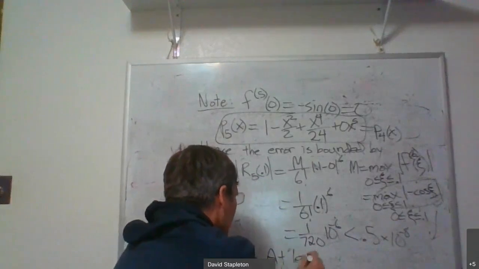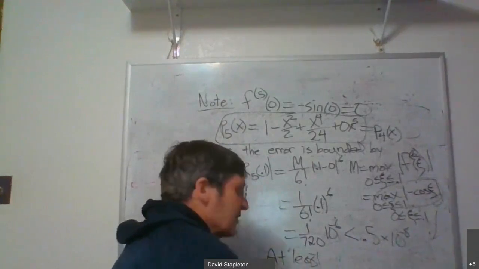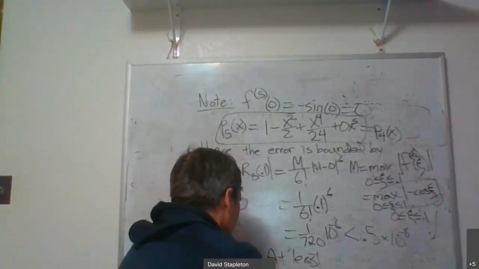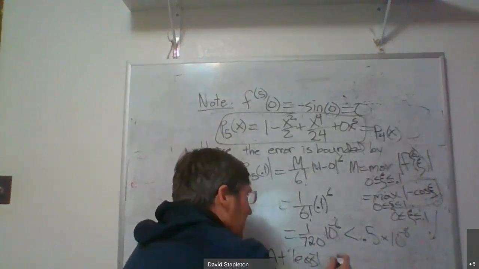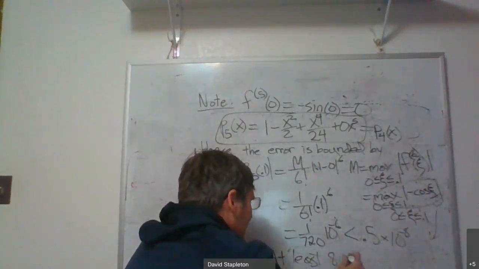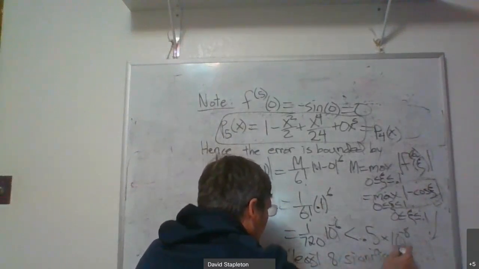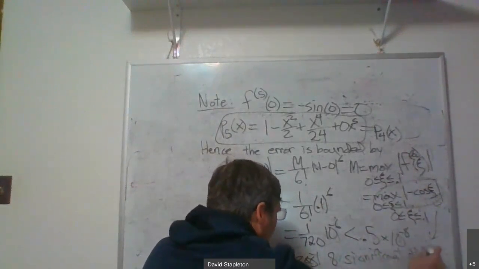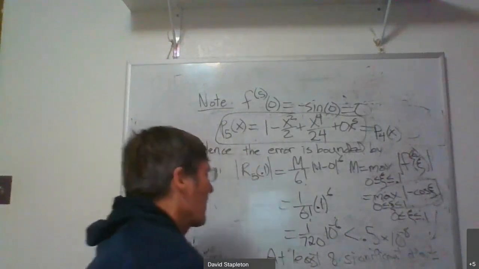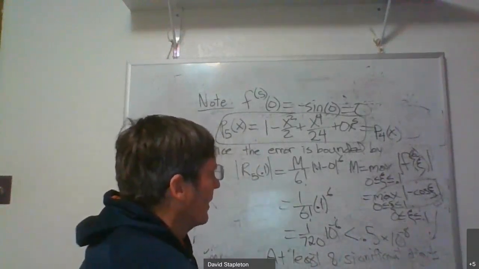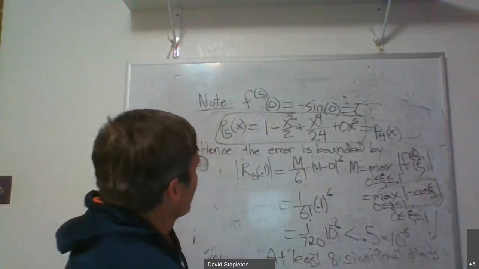Okay, so we showed before there were at least 6, probably at least 7. We were close. What you want is to count off from the first digit.